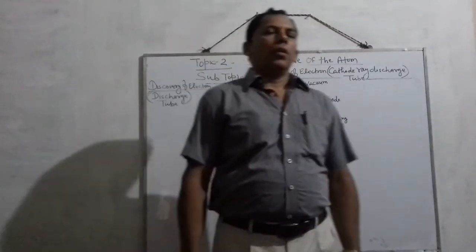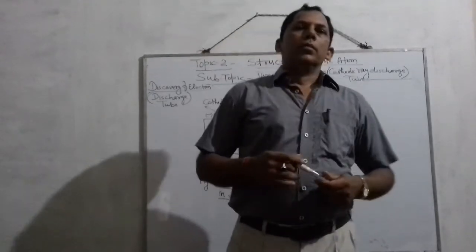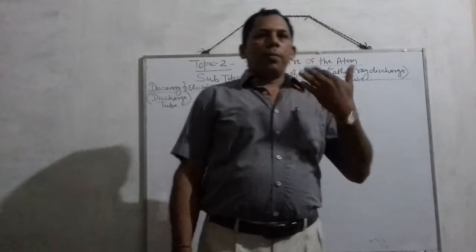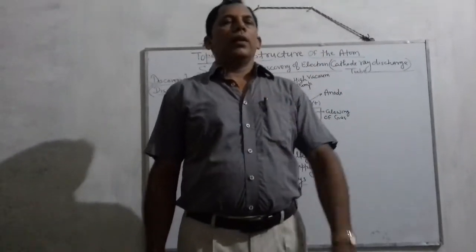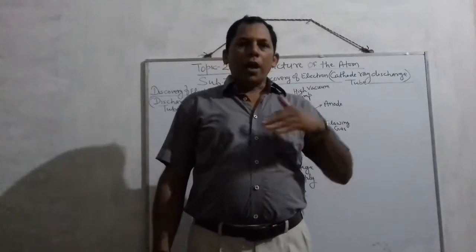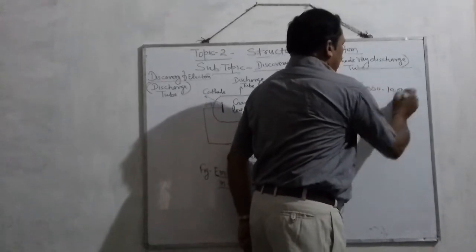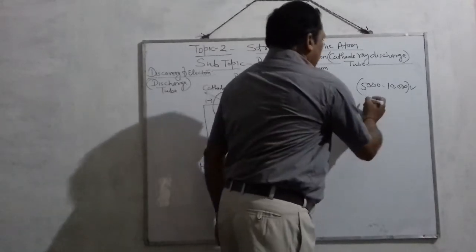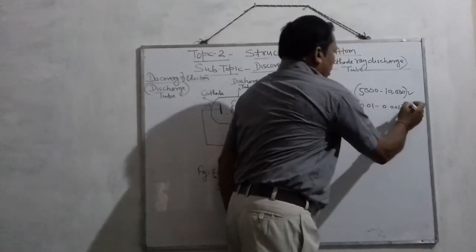Children, you are knowing that one fabulous physicist of England, namely J.J. Thomson, in 1896 tried to pass electricity through gases, and he found that electricity in gases can only be passed by applying a high voltage source, that is of the order 5000 to 10,000 volt, and a very low pressure, of the order 1 millimeter.